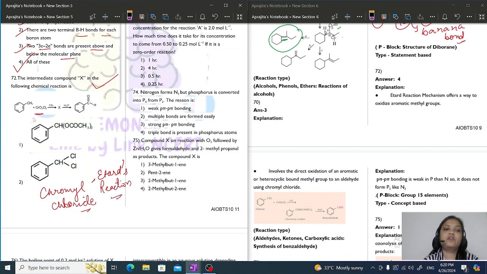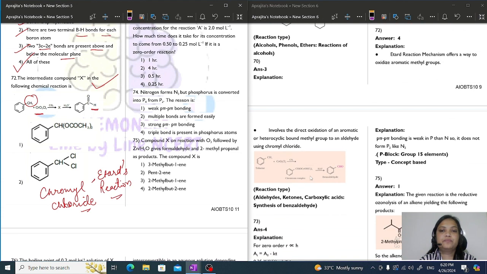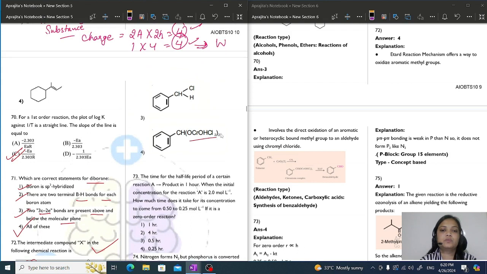So there will be an oxidation of the methyl group into aldehyde using chromyl chloride. So here the intermediate formed is the fourth one. This intermediate is formed, which is the chromium complex, and on hydrolysis it will give you the aldehyde. So the answer is option 4.